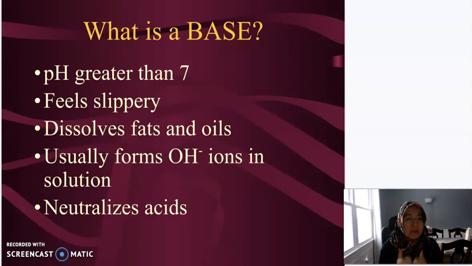They dissolve fats and oils, usually form OH negative ions in solutions, and neutralize acids. When you mix acid and base in the proper ratio, the pH will become 7.